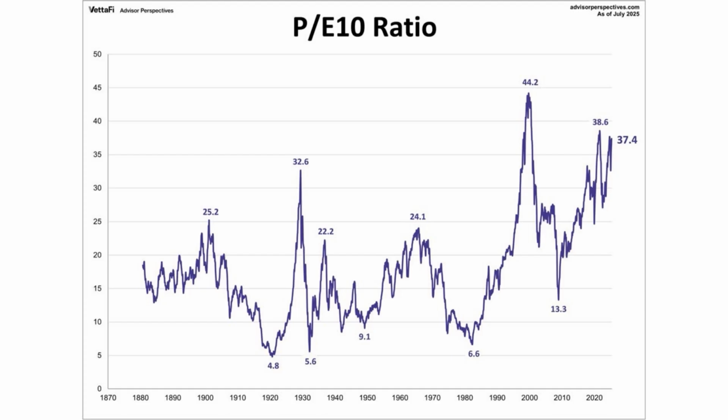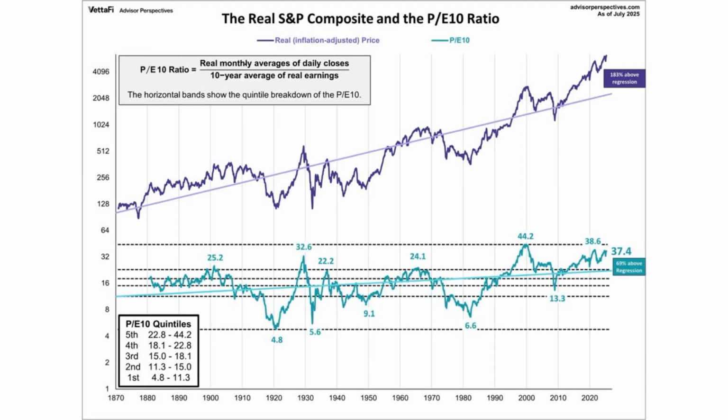This chart shows the history of the PE10 ratio all the way back to the 1870s. At the end of July, the PE10 ratio was at 37.4. You can see here that the PE10 ratio tracks the real inflation-adjusted price of the S&P composite incredibly well. Since 1881, the correlation is nearly perfect.